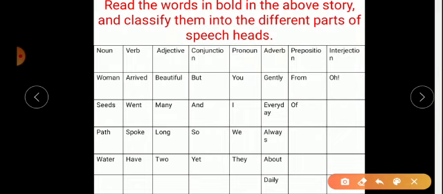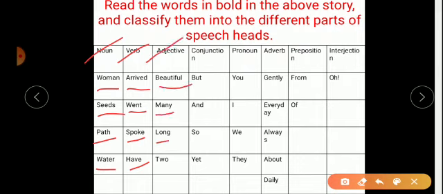First one, noun. In that column, we should write man, seeds, path, water. Next one, verb. In that column, we should write arrived, went, spoke, have. Next, adjective. Beautiful, many, long, two.